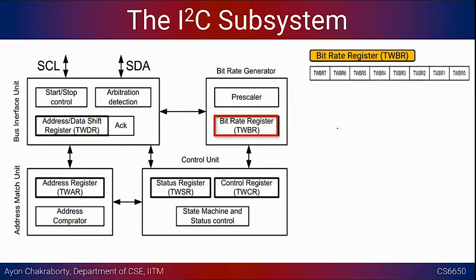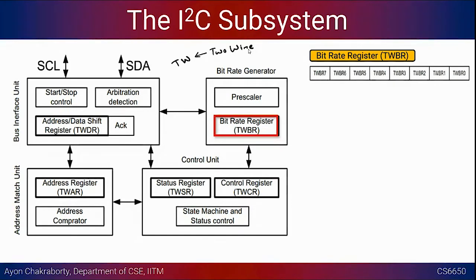which is called TWBR. And by the way, we use this terminology called TW, which is used by AVR for the two-wire interface, right? There are some slight differences between the two-wire interface and the actual I2C protocol or standard. But in most cases where we try to talk to a certain sensor device for our purposes, there won't be much difference.